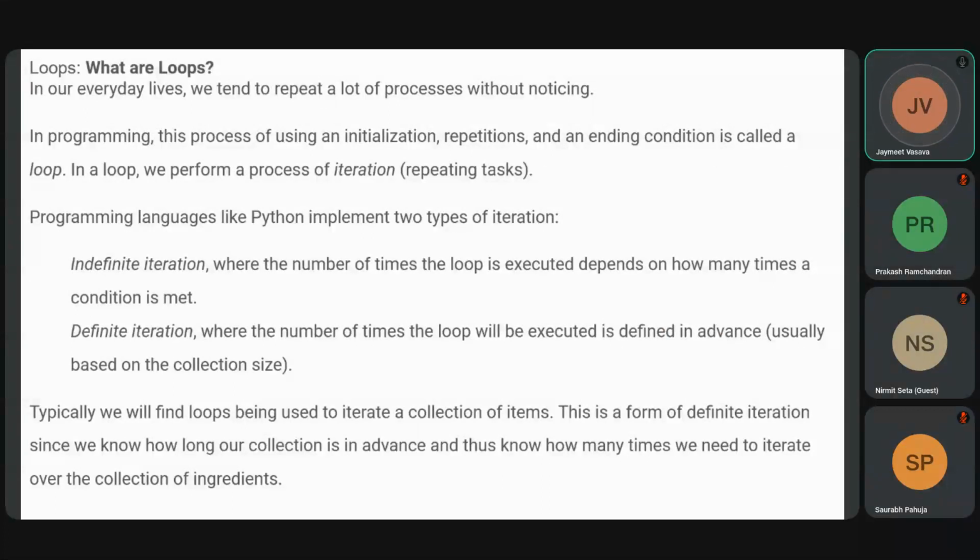So what are loops? In our everyday lives, we tend to repeat a lot of processes without noticing. In programming, this process of using an initialization, repetition, and an ending condition is called a loop. In a loop, we perform a process of iteration, which means a repeating task.